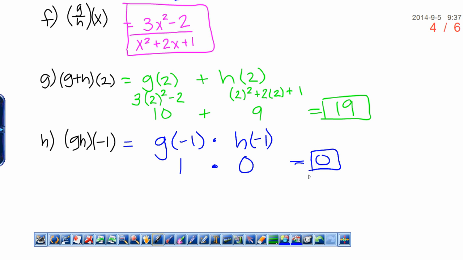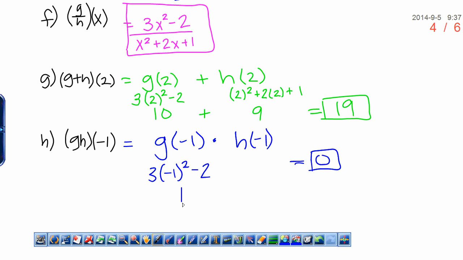This way? Okay, so to get g of negative 1, that's 3 times negative 1 squared minus 2. Negative 1 squared is a positive 1. Times 3 is 3. And then 3 minus 2 is where we get that 1.